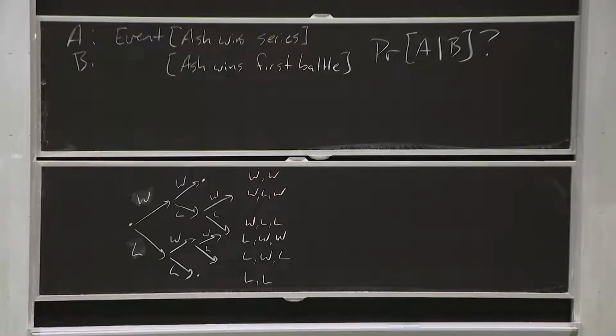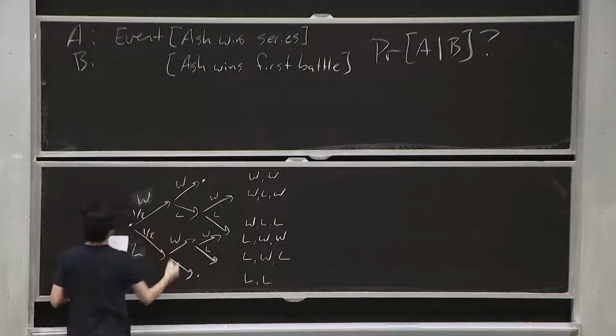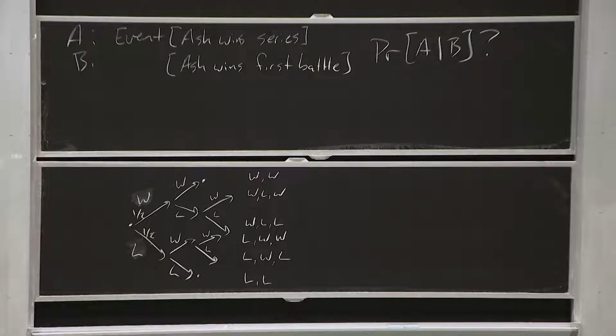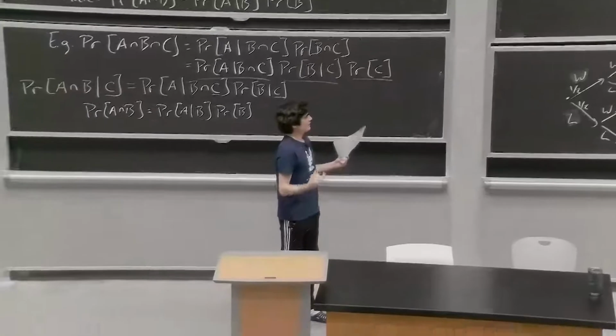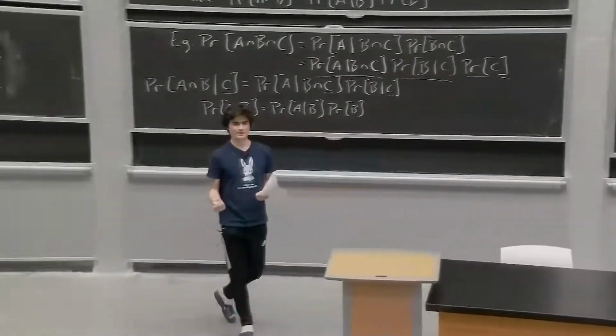Now, what are the probabilities on each of the edges? In the first layer, what's the probability that Ash wins the first match? 1/2. So each of these says probability 1/2. Okay. Now, the second layer, we said, are conditional probabilities.